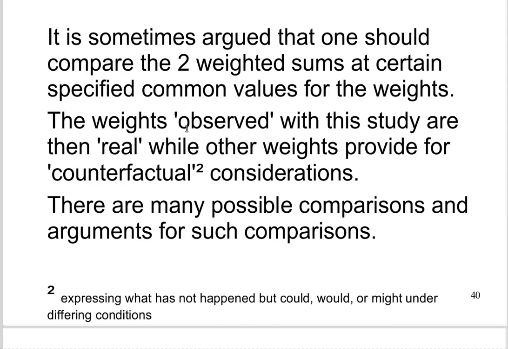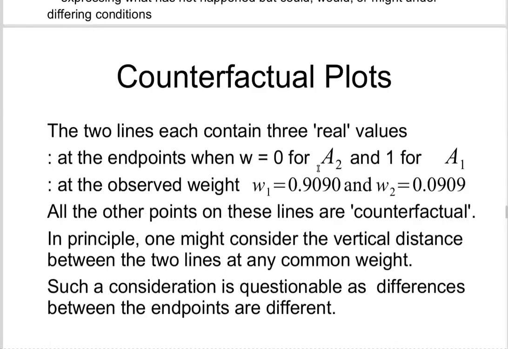The argument is that comparing observed, which are real, with counterfactual, which are not, is sometimes the basis for arguments in epidemiology and biostatistics. More on this will be established as we move forward.